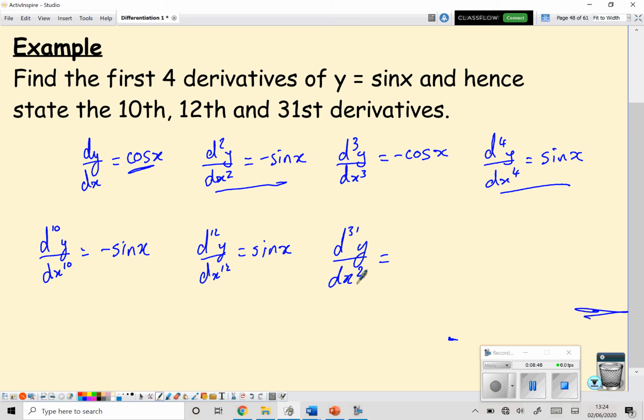But again, if you divide 31 by 4, you're going to get a remainder of 3, so it's the third derivative in the sequence, negative cos x.